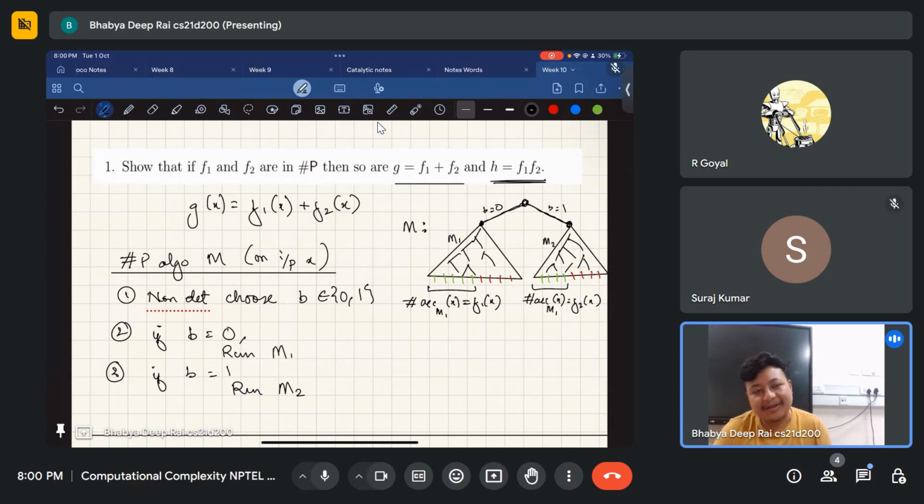If it so happened that counting problems were easier or at par with decision problems, for example, if Sharp P was as easy as deciding P, we already saw that if there is an efficient search version, then there is an efficient decision version.